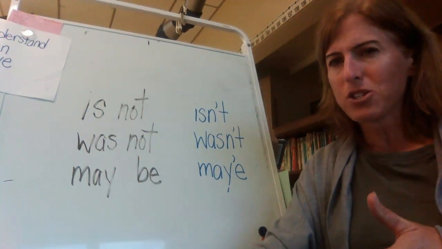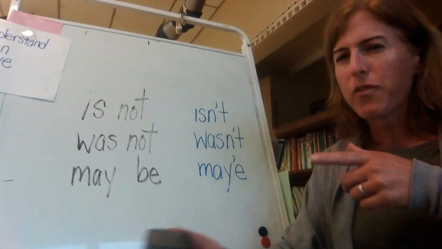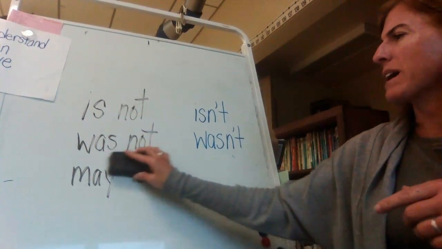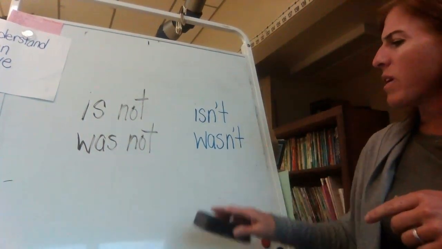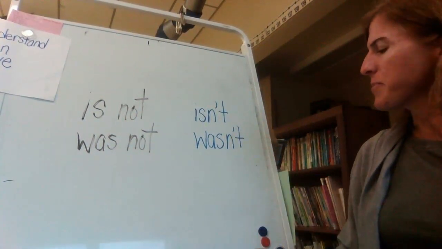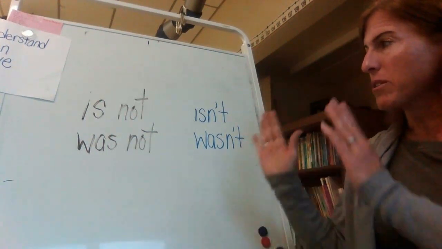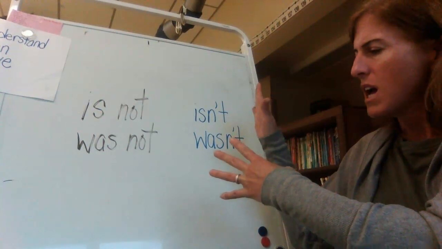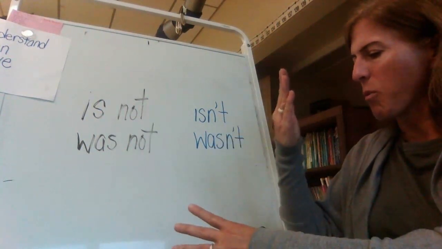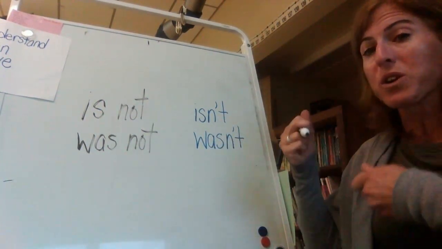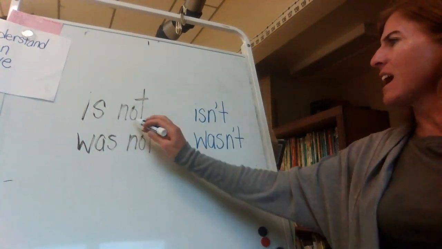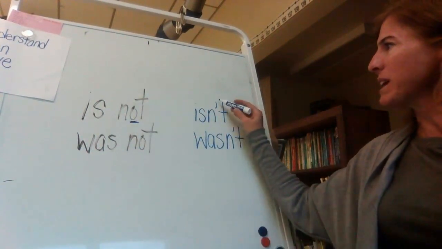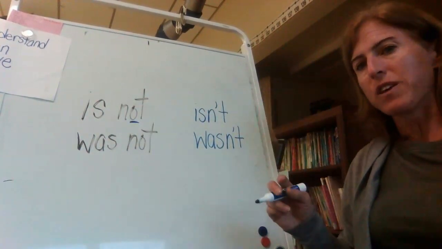Let's go through and check a couple of those out before you practice them. Well, let's start by looking at these. And as review, yesterday we learned that we squished the two words together. Remember that construction vehicle? And then it knocked out one letter. Well, we know for the word not, it's knocking out the O, and it's replacing that with the apostrophe.